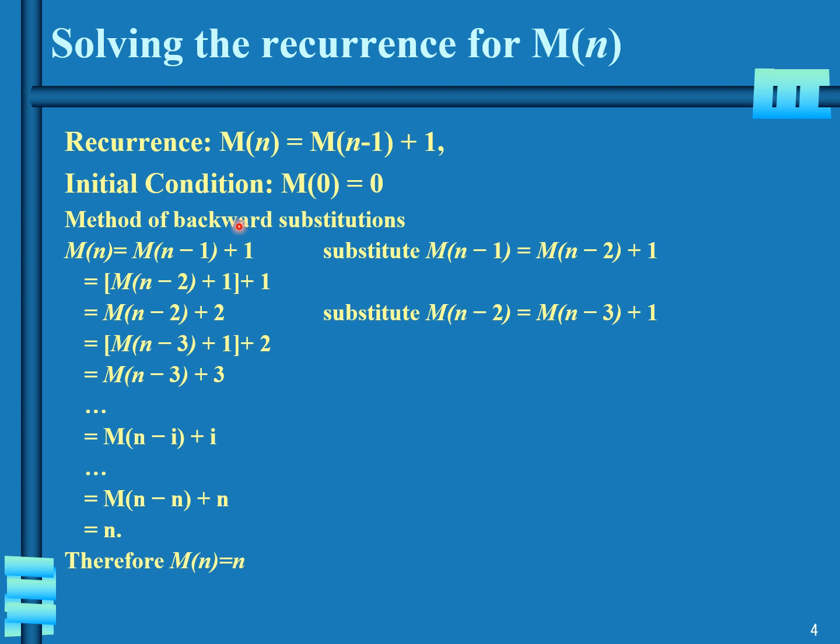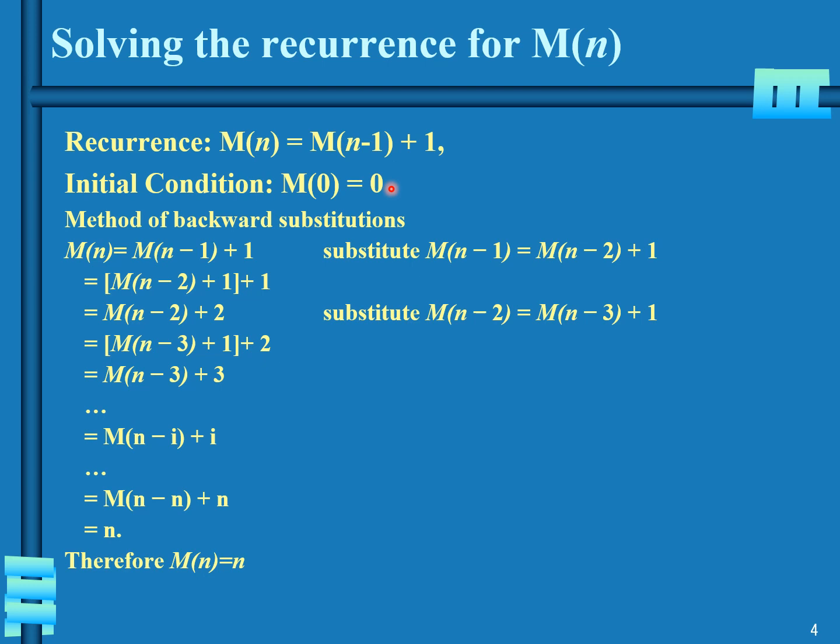While solving the recurrence, the initial condition is very important. That is M of 0 equal to 0, which means that when you pass the value 0, you are not performing any multiplication at all. If n is equal to 0, you return 1 without any multiplication.